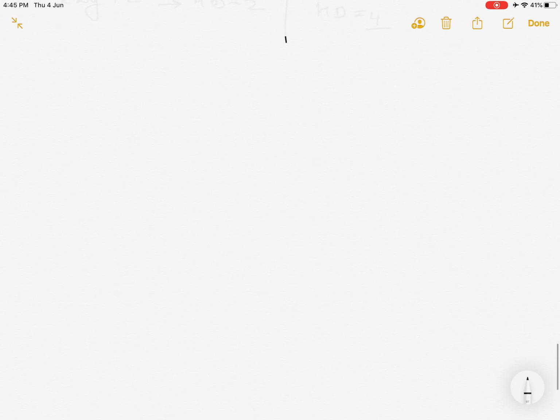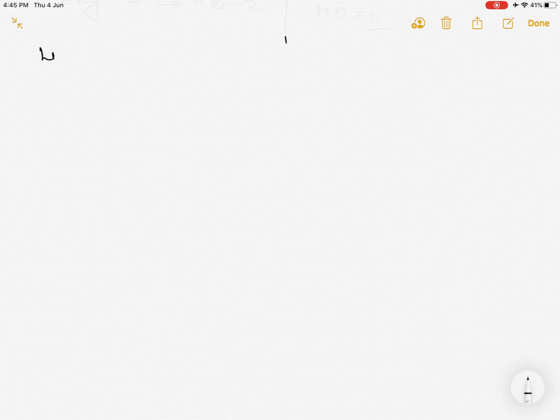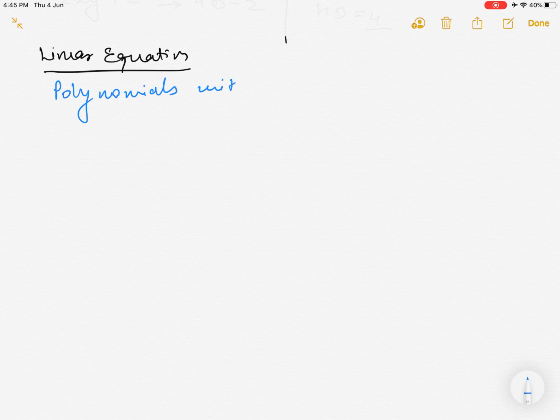Now, what's a linear equation? So the next definition which we have is, what is a linear equation? Now having understood what polynomial is and what its highest degree is, linear equations can be defined as polynomials with degree 1.